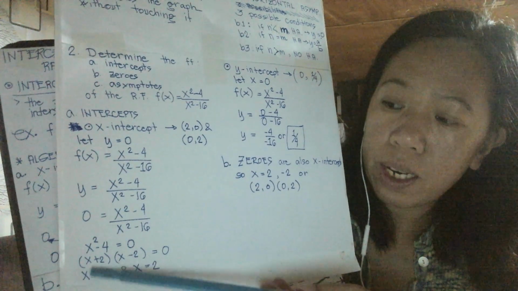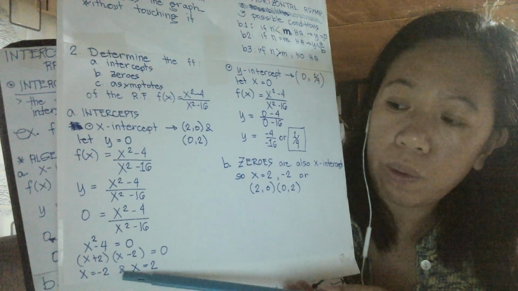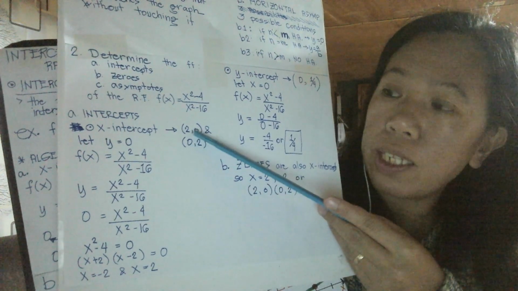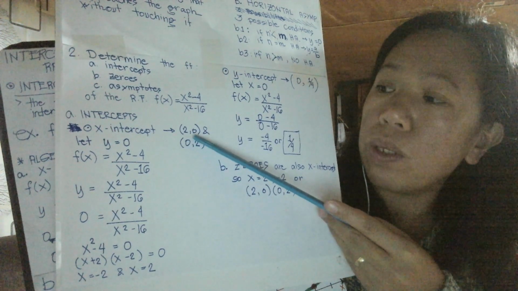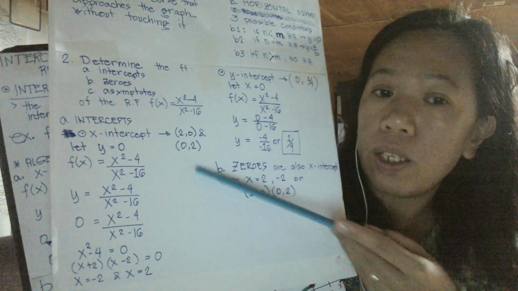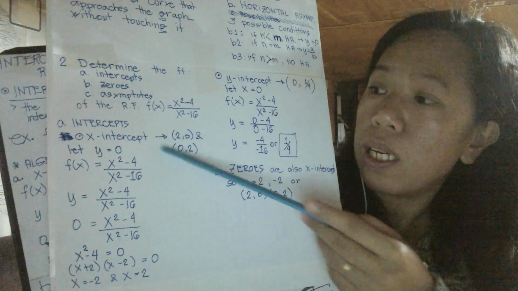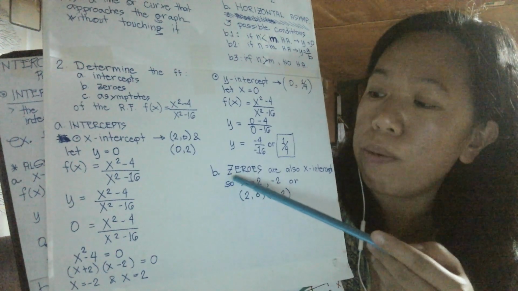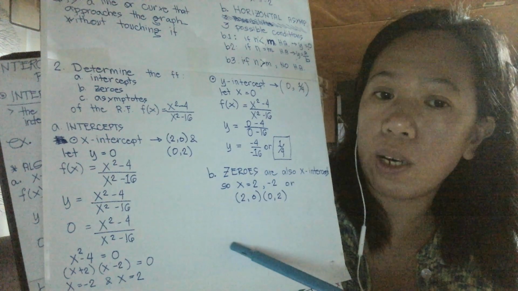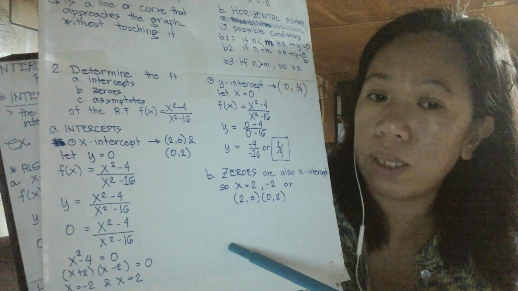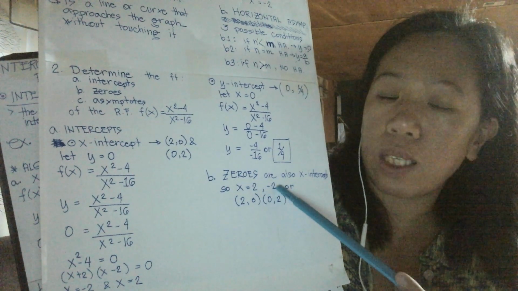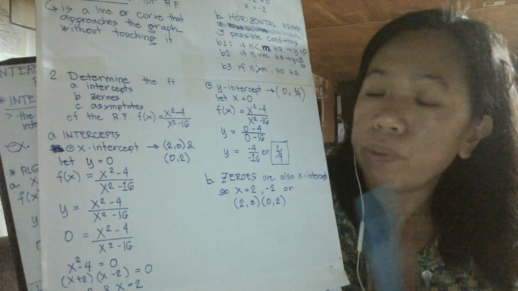So we have here x equals negative 2 and x equals positive 2. Therefore, our x-intercepts will be at (2, 0) and (-2, 0). Then, this will also be just the same as your zeros. Okay? Since we have defined a while ago that zeros are also the x-intercepts. So, x equals 2 and x equals negative 2.